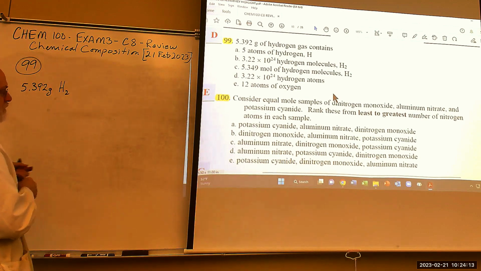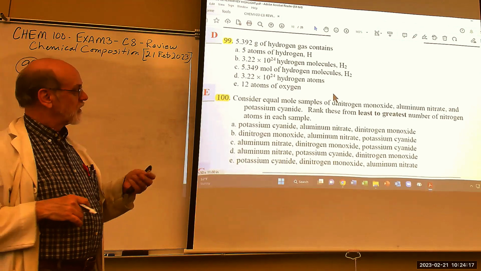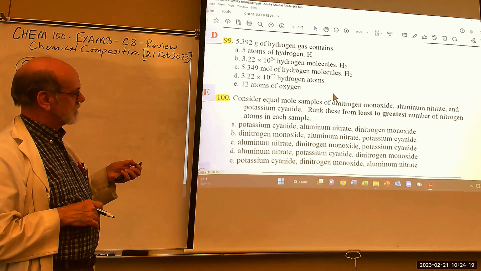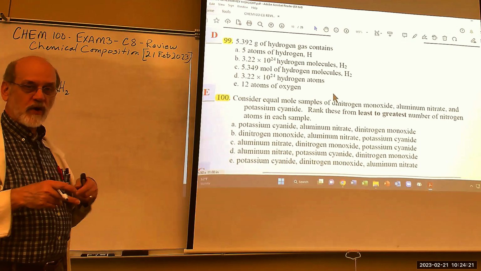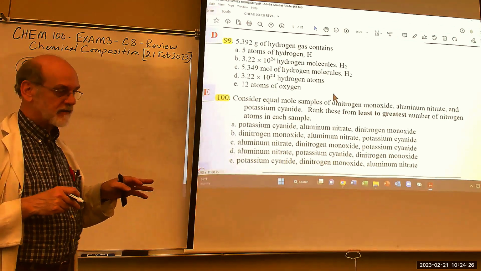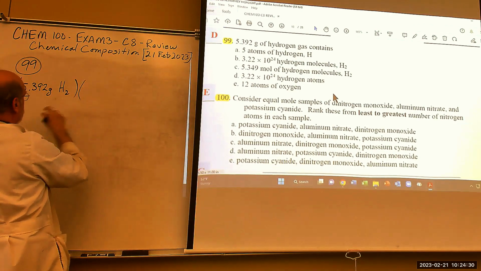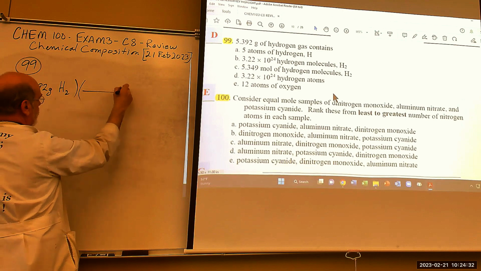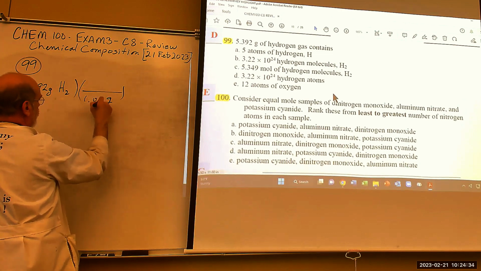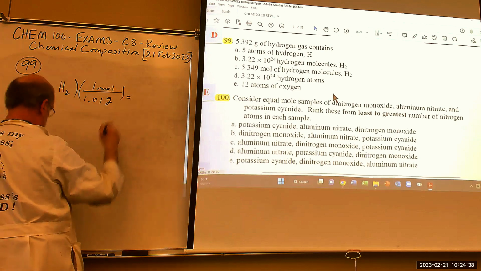Let's convert it to moles first, because unless we convert to moles, we can't answer any of these. We go through moles, and then maybe we can go to molecules or atoms if needed. So the first thing we have to do is find out how many moles there are. 1.01 grams per mole of hydrogen gas.